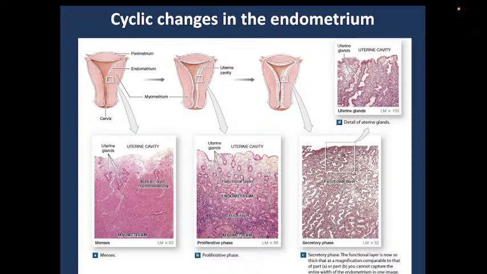Here, this picture demonstrates cyclic changes in the endometrium, and there are three phases of the changes. First is what we call menses, when the endometrium is thin.